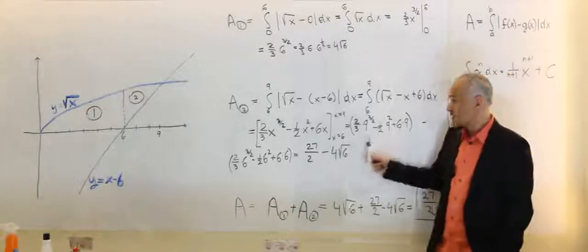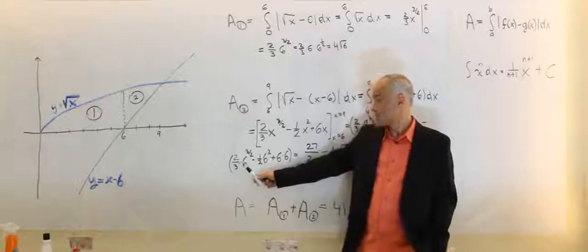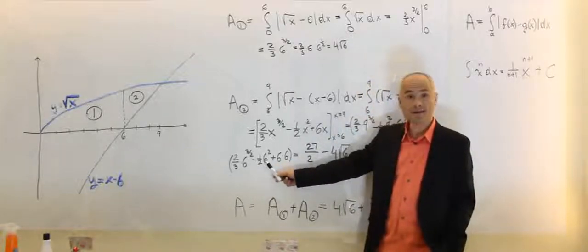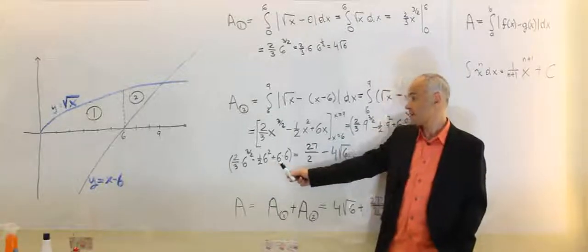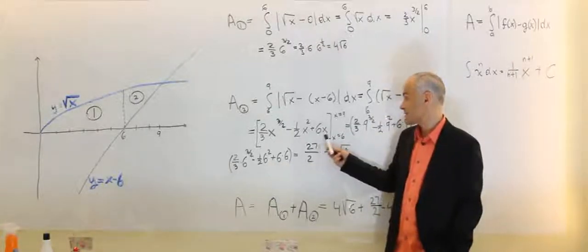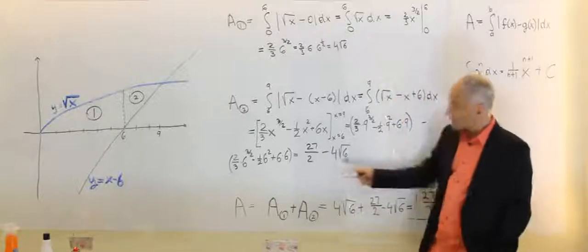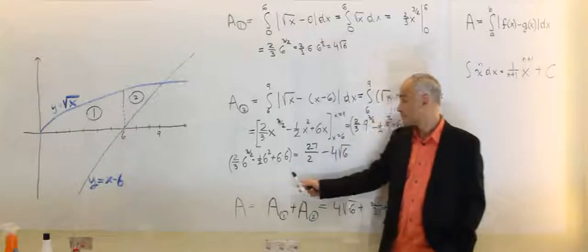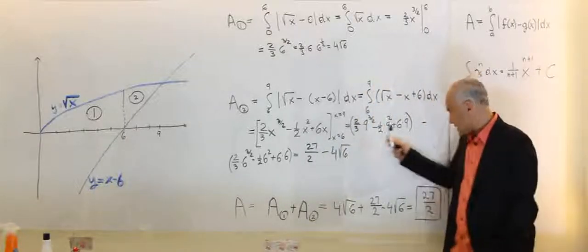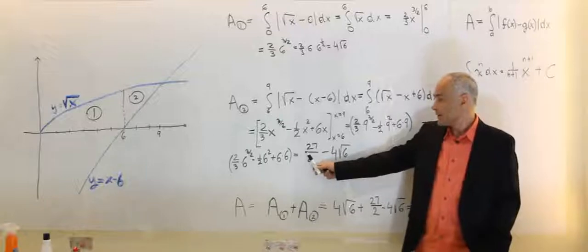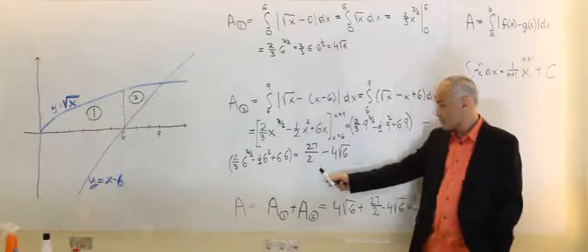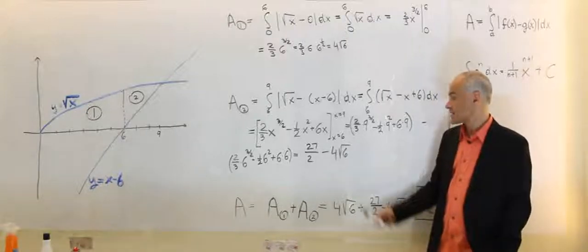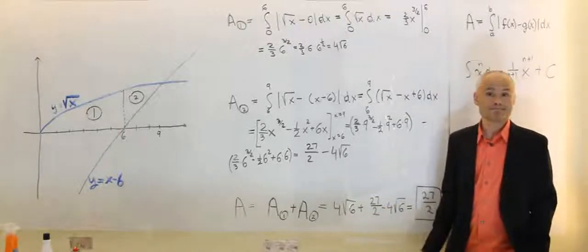And then at 6 I get this expression, 2/3 6 to the power 3/2 minus 1/2 6 squared plus 6 times 6, right? Don't forget to write this expression in parentheses, otherwise you may get an error. So after simplification, I skipped a couple steps here. I just wrote down the final answer, which is 27 divided by 2 minus 6 square root of 6.